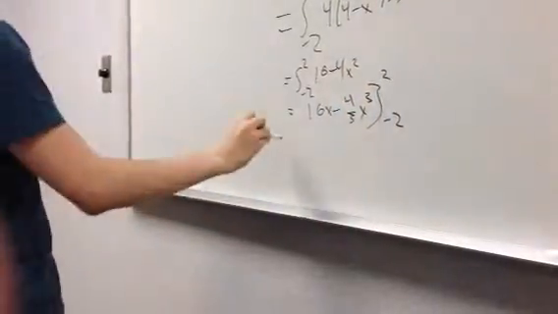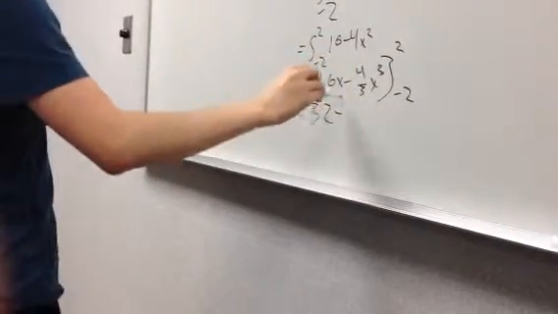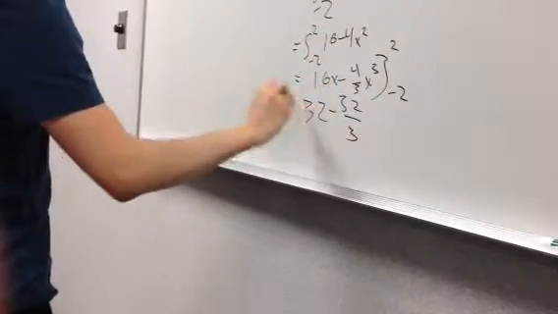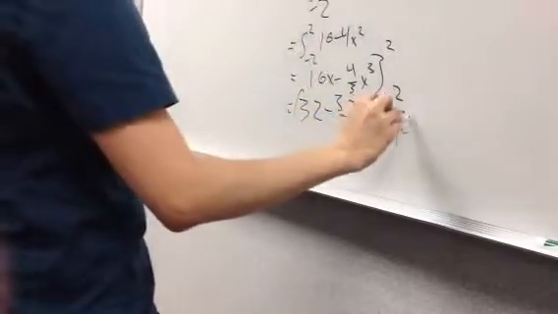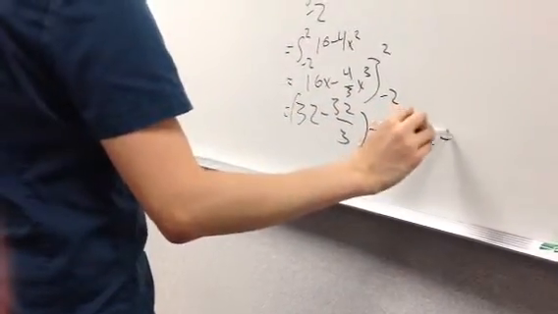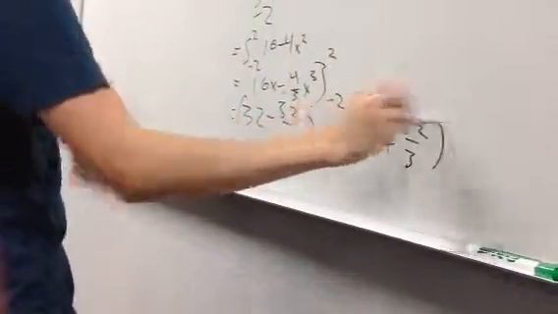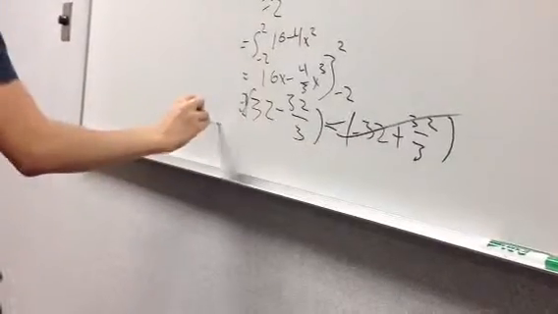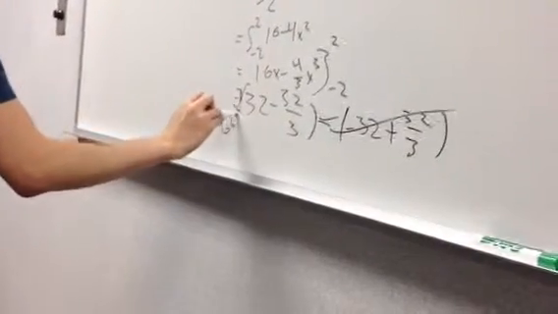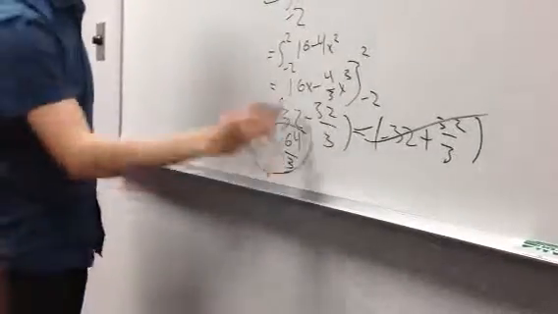So let's just plug this in. 2 times 16 is 32, minus 32 over 3. That minus the value at -2, so -32 plus 32 over 3. So basically, this quantity is just doubled. So let's put a 2 here. I'm not going to simplify, so it's 2 times (32 minus 32 over 3), which is 64 minus 64 over 3. And so, well, that's your answer.